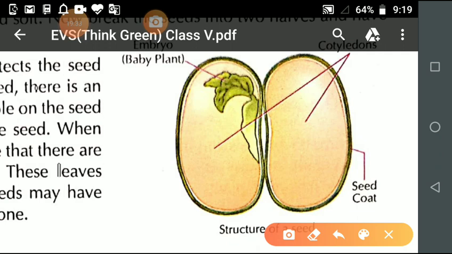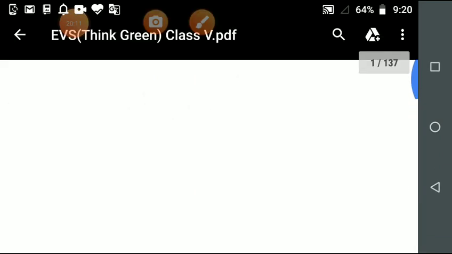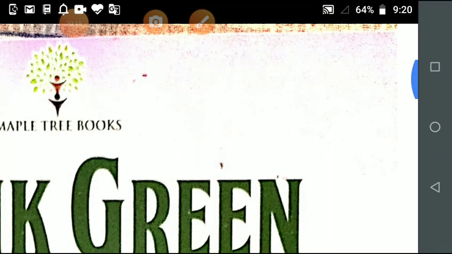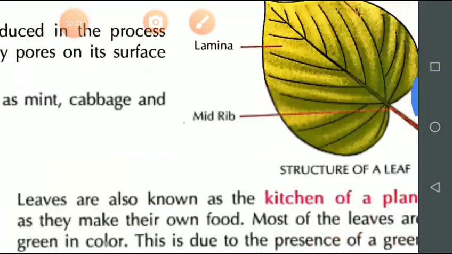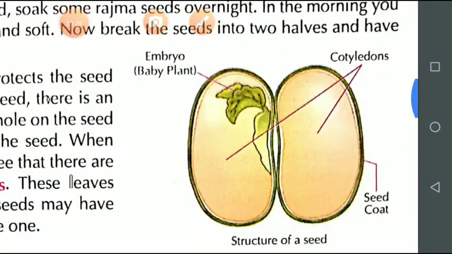So student, first of all, understand what are the parts of the seed.